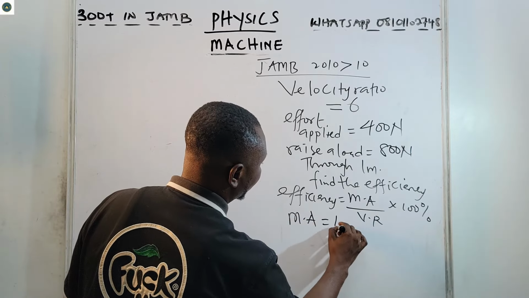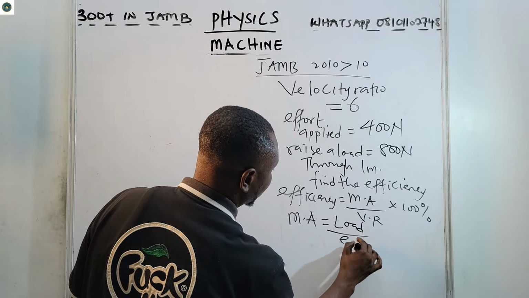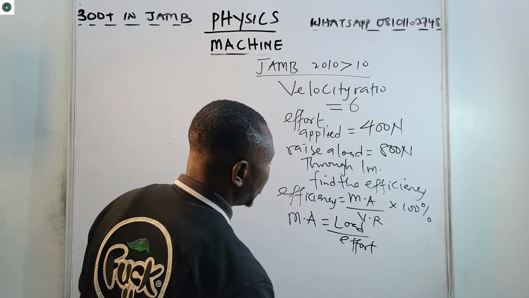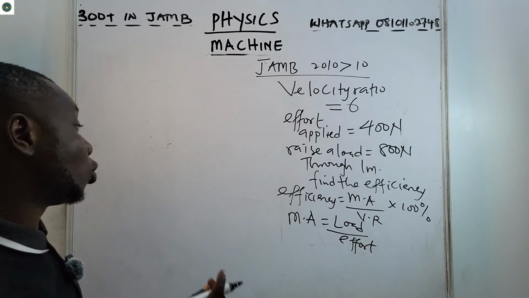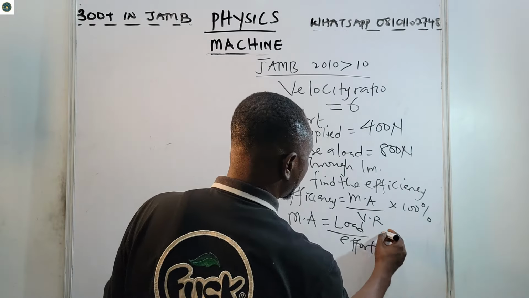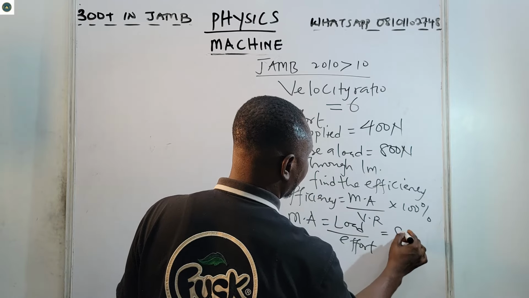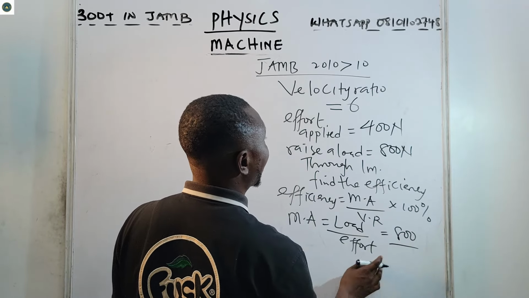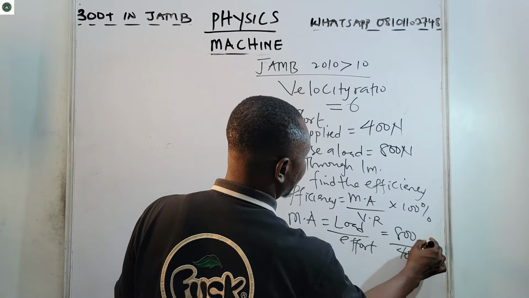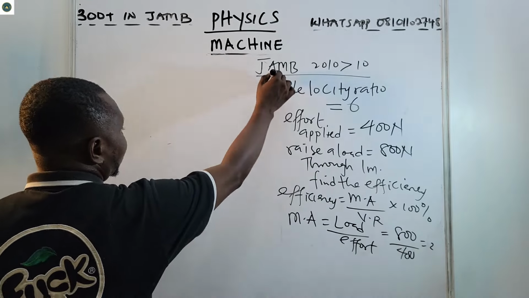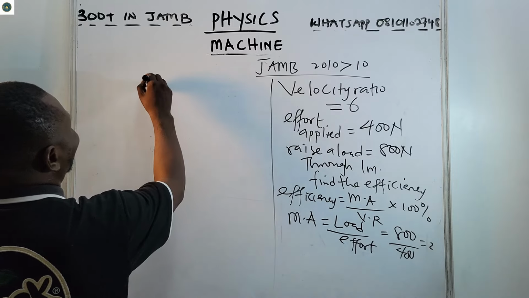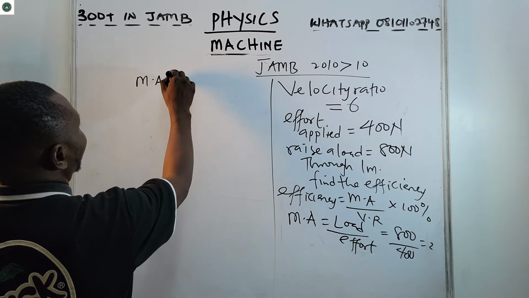Mechanical advantage is load over effort. To raise the load through 1 meter, the load is 800 and the effort applied is 400. That is 2. So it means that the mechanical advantage is equal to 2.